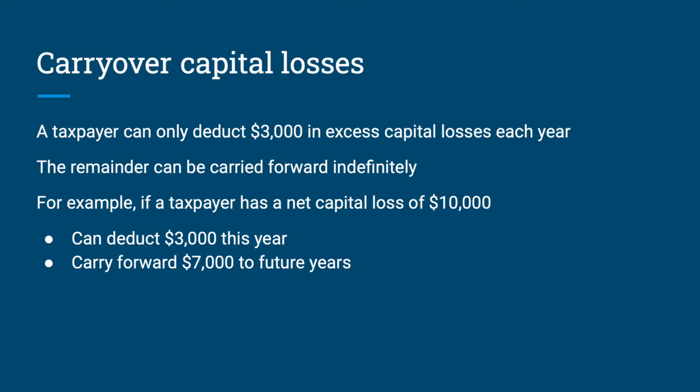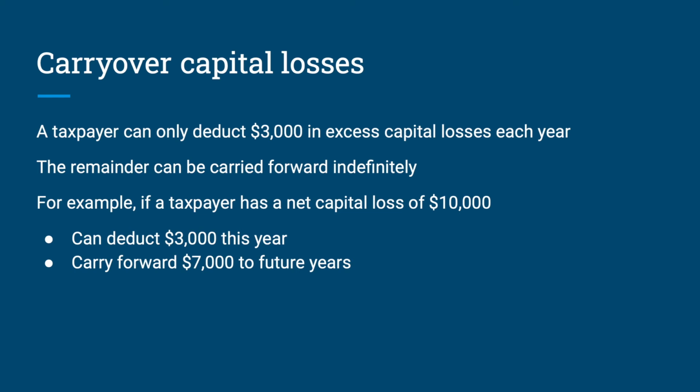And so since they can only deduct $3,000 of excess capital losses each year, the remainder that they cannot deduct that year can be carried forward indefinitely into the future to help offset future income. So for example, if a taxpayer has a net capital loss of $10,000 this year, they can deduct $3,000 this year and carry forward $7,000 to future years.